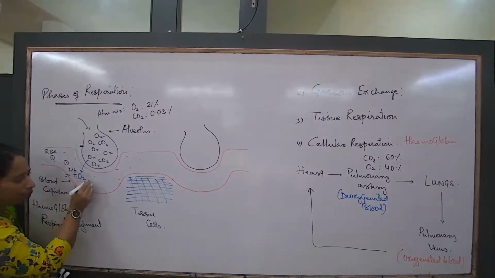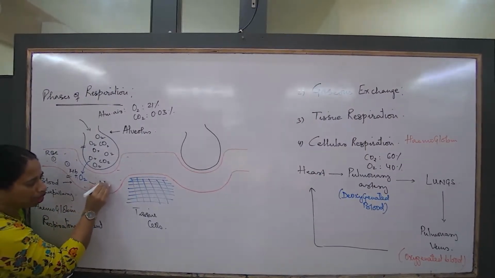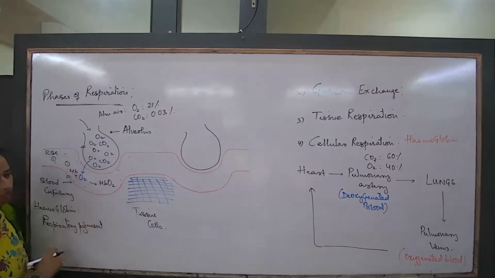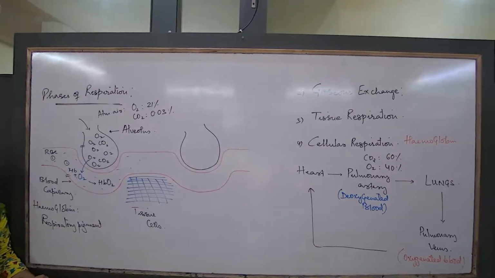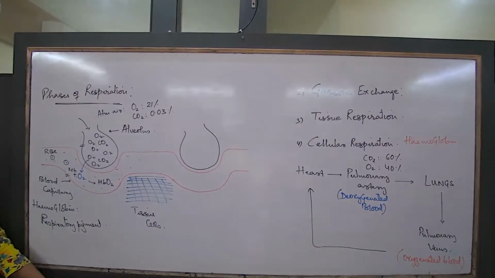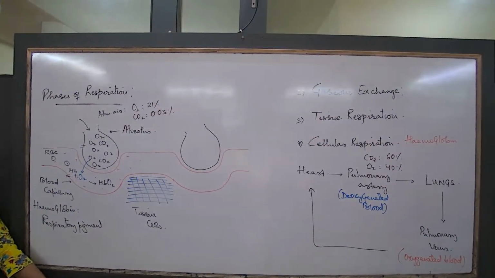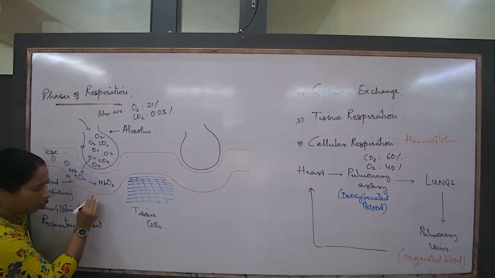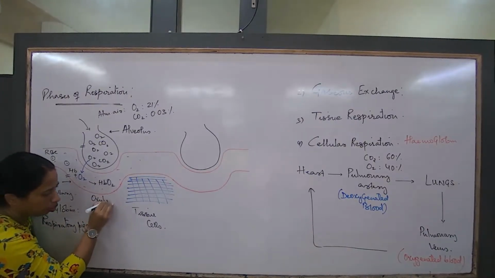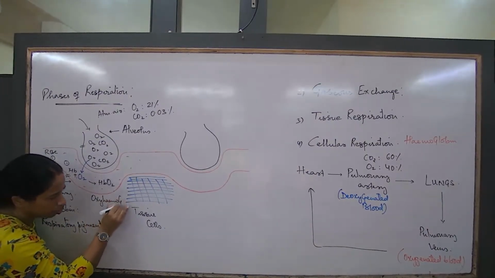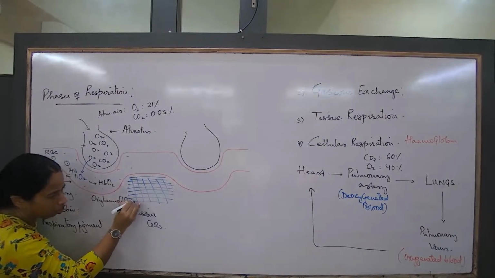So what is the new compound formed? Hemoglobin and oxygen will make a bond, will make a compound. What is this known as? Oxyhemoglobin. This is known as oxyhemoglobin.